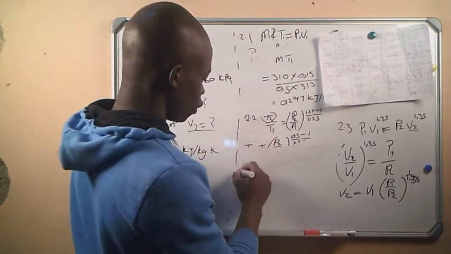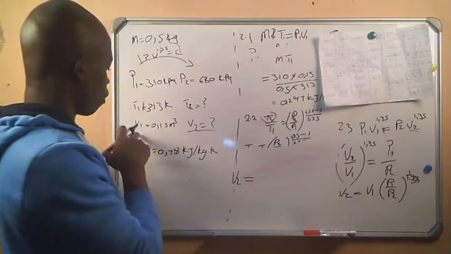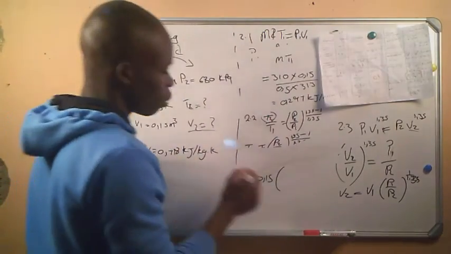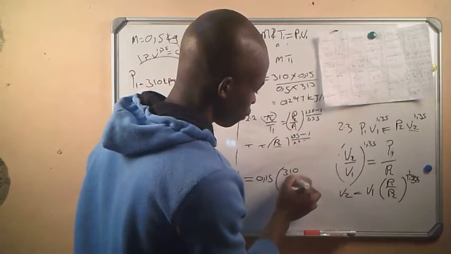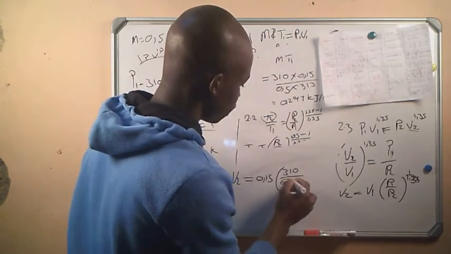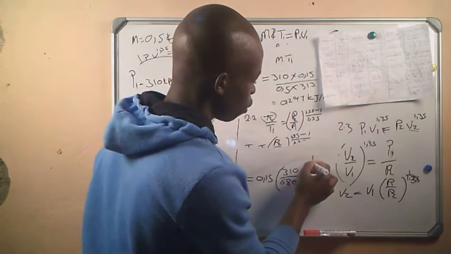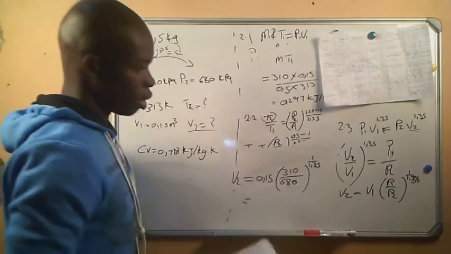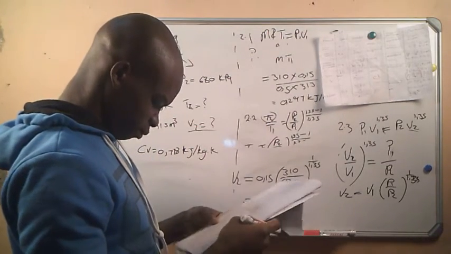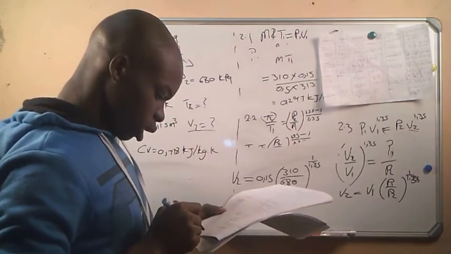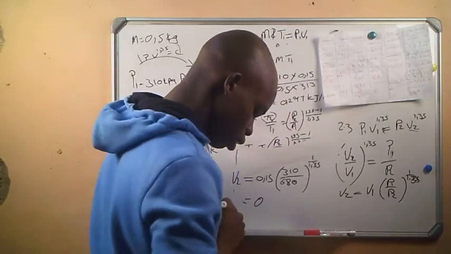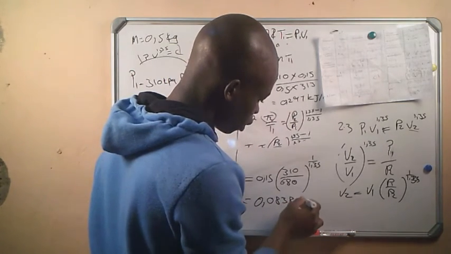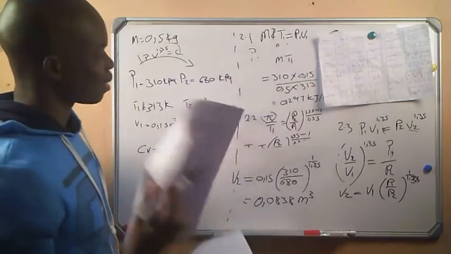V2 is equal to V1, our V1 was given as 0.15, and then in brackets P1 is 310, our P2 is 680, and then divided by exponent 1 divided by 1.35, and I got my answer as 0.0838 meter cubed. So that's our third question.